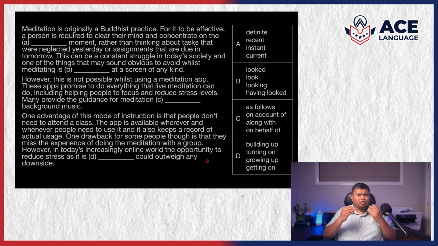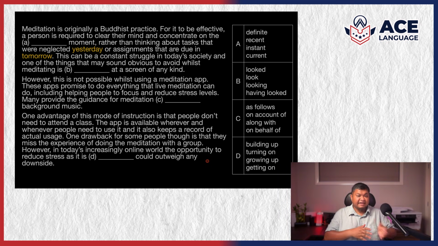So if I don't focus on yesterday and don't focus on tomorrow, where do I focus on? I focus on today. That is the moment that I am in now. So here my clues are yesterday and tomorrow. And that tells me my answer.